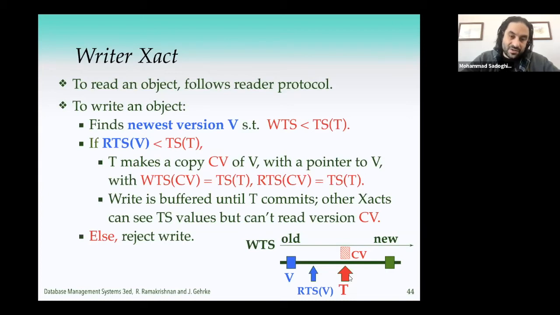In terms of 2VCC, the read would have been allowed, but the write certification would either have failed or needed to be delayed. Of course, in 2VCC we're not really talking about timestamps, but that's one analogy to connect the two approaches. Any questions?